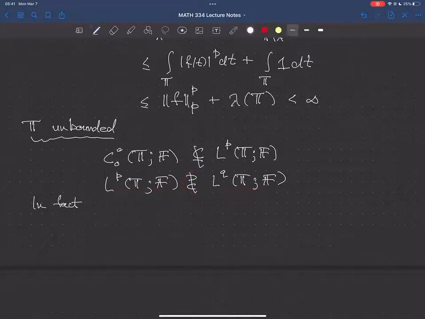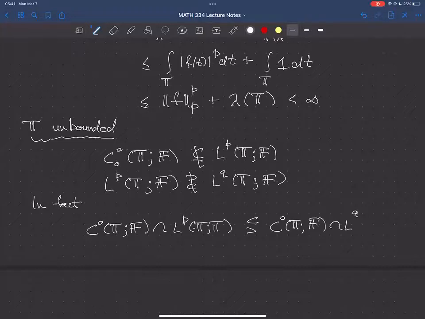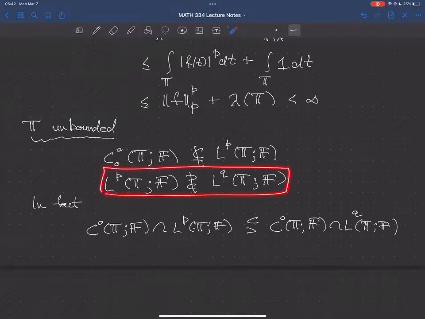To be precise, there are no inclusion relations between C0 of T F intersect LP of T F and C0 of T F intersect LQ of T F. The point is to get counterexamples here. You can even consider counterexamples that are continuous.